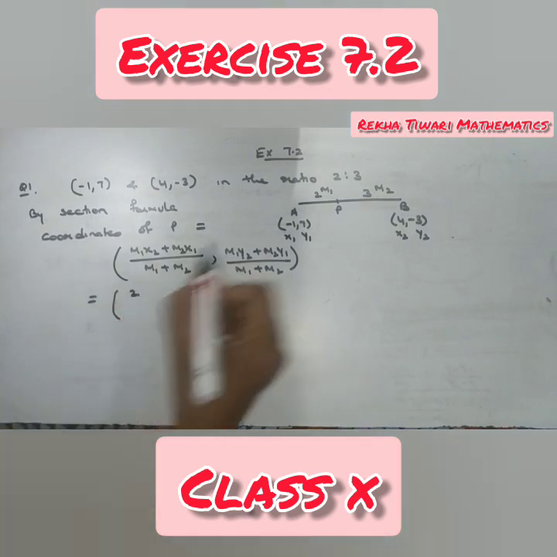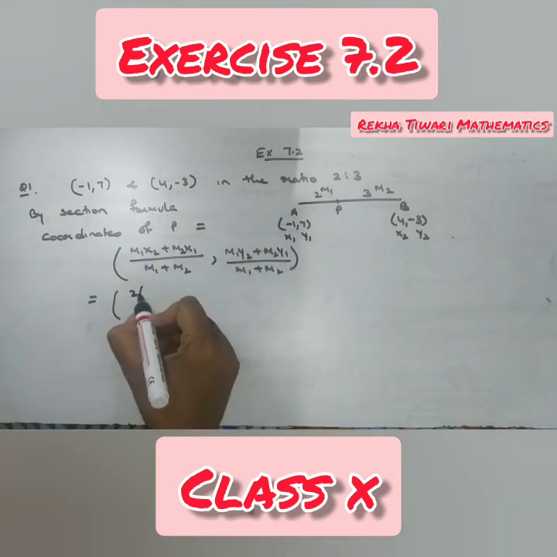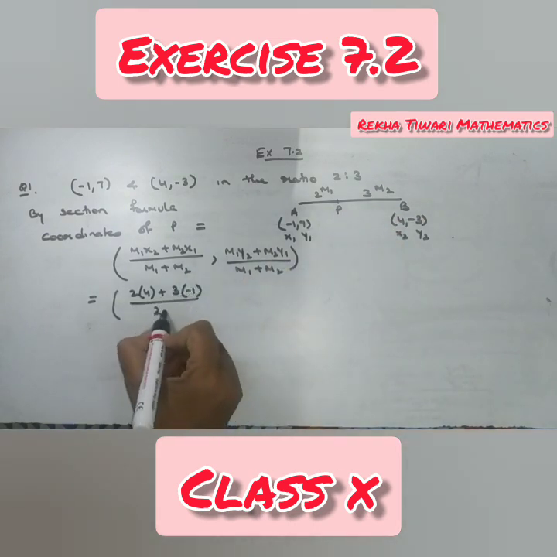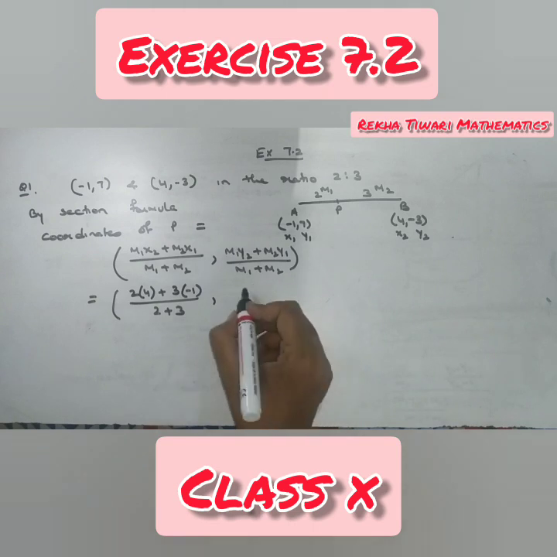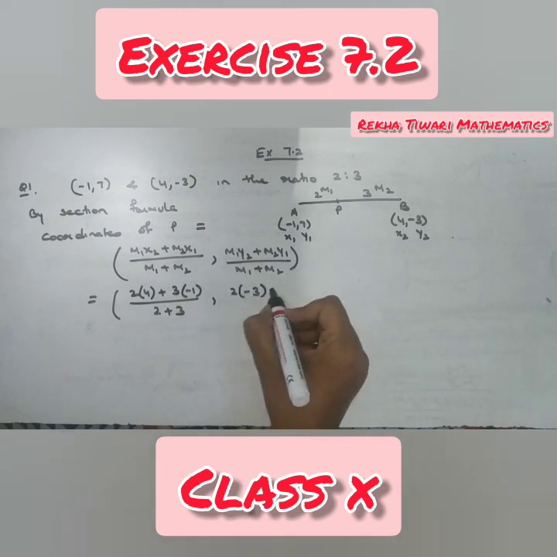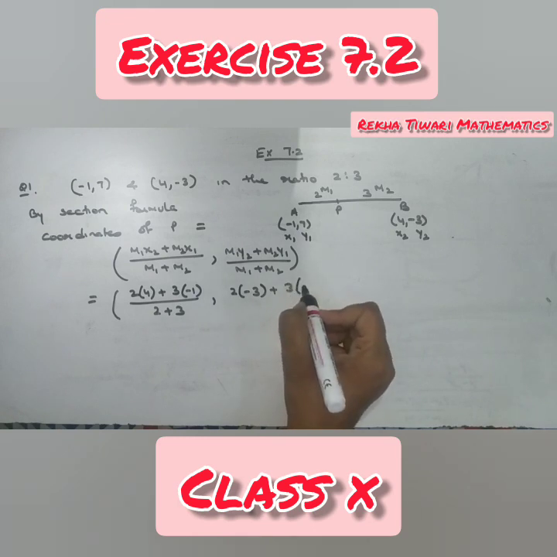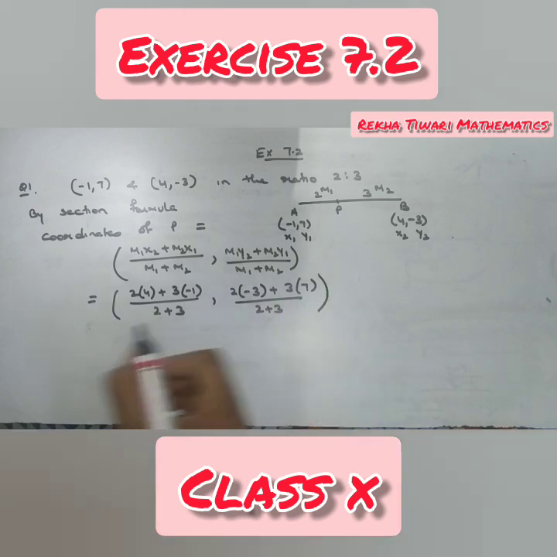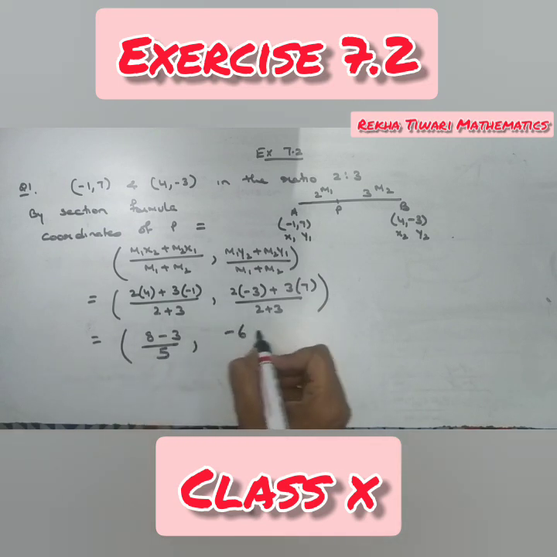m1 is 2, x2 is 4. So 2 into 4 plus m2 is 3, x1 is -1, upon 2 plus 3, comma, m1 is again 2, y2 is -3, plus m2 is 3, y1 is 7, upon 2 plus 3. This is equal to (8 minus 3) upon 5, comma, (-6 plus 21) upon 5.